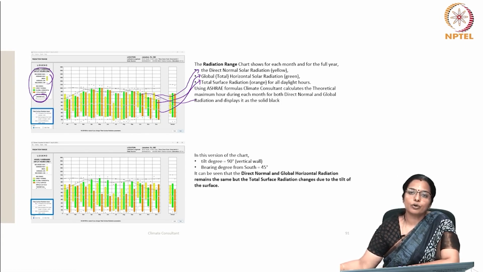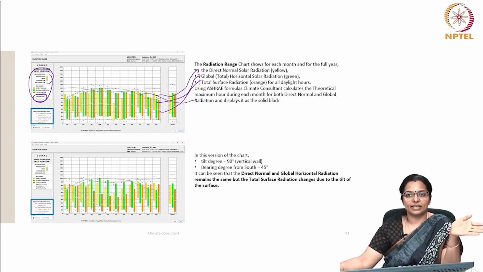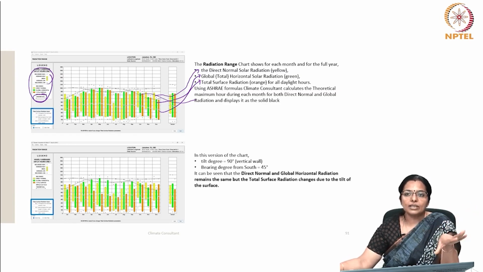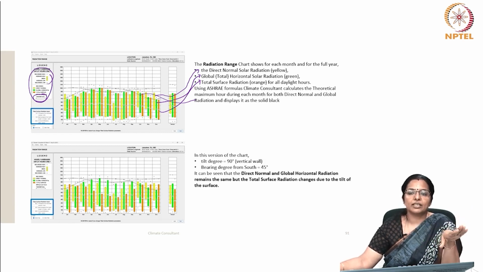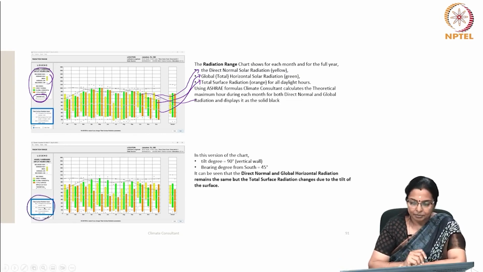Bearing is measured from due south. South is 0, counterclockwise is positive, so west is plus 90 and east is minus 90. The default ground reflectance is 20% for grass. All these parameters can be changed by the user in the highlighted blue box in the bottom left.